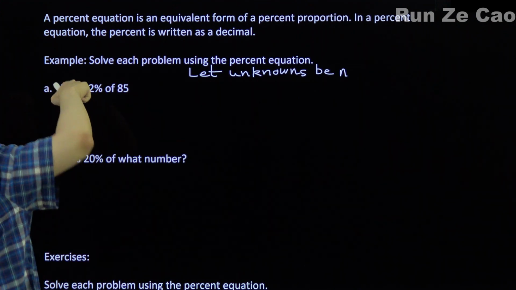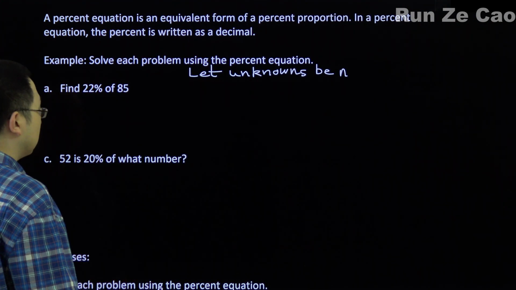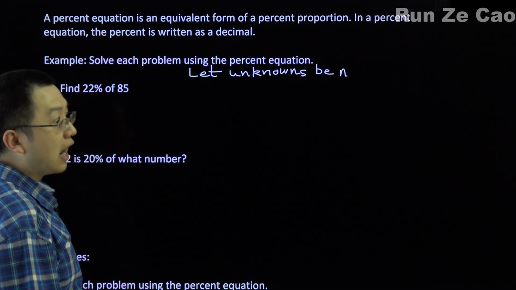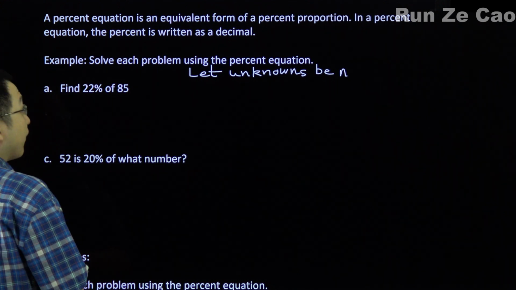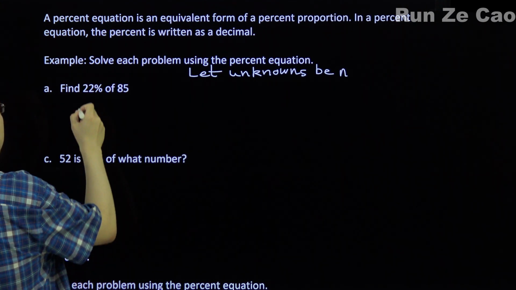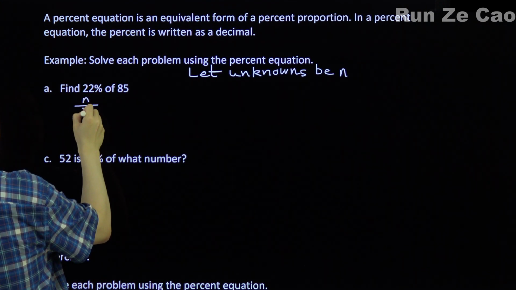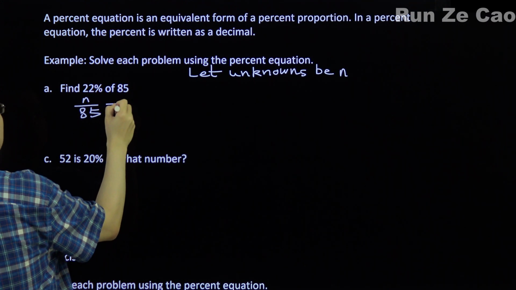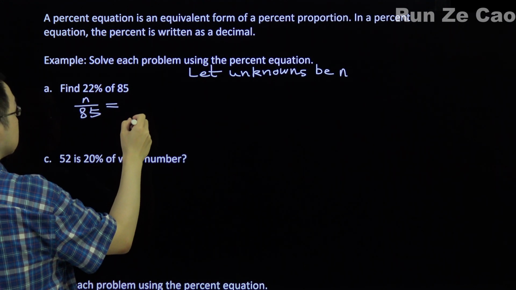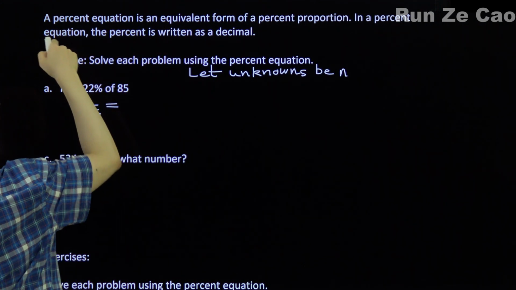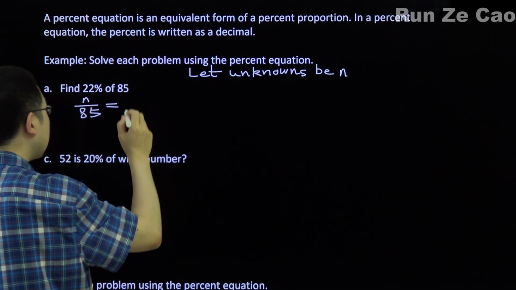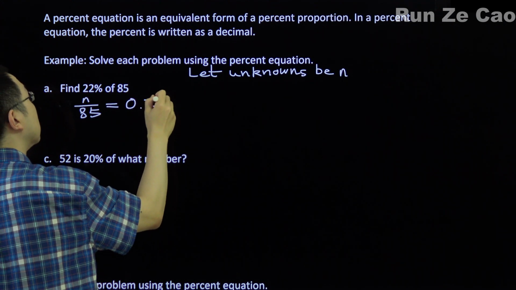That's why we're not just going 0.22 or 22% times 85 and be done with that. So we actually have to use the percent equation, which is going to be n over 85 is equal to 22%, or in the percent equation, the percent is written as a decimal, so 0.22.